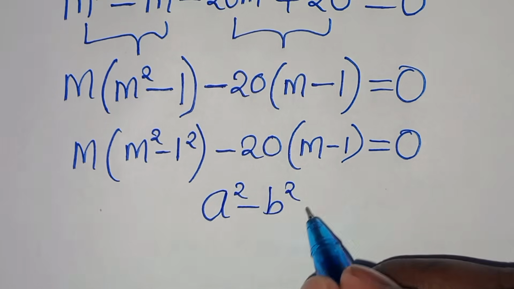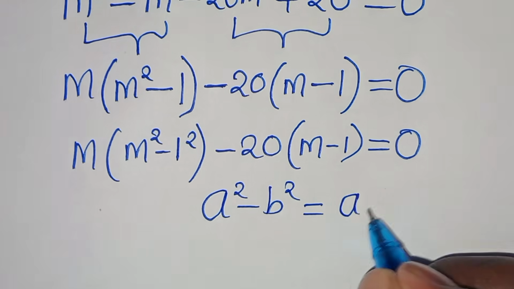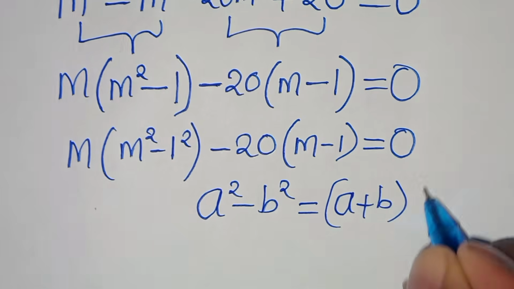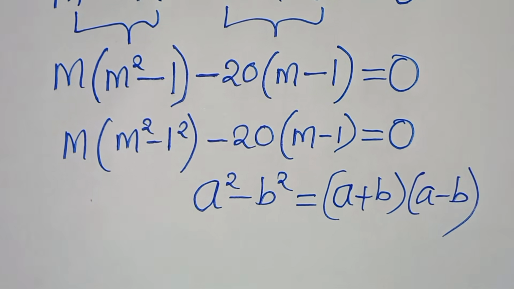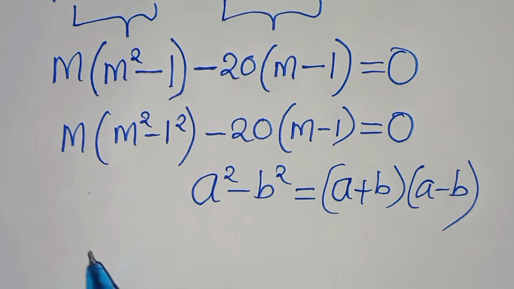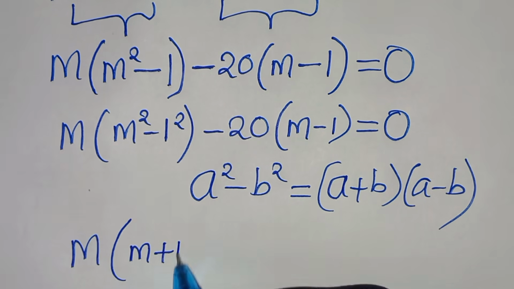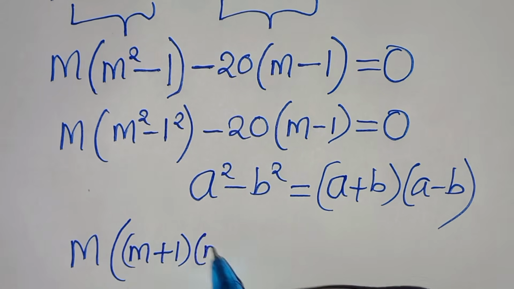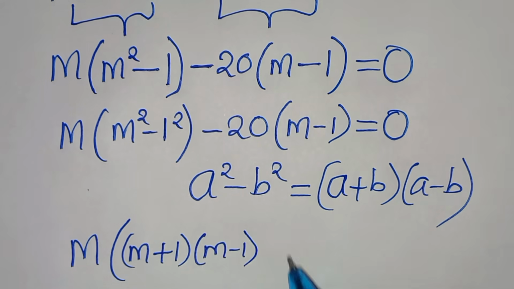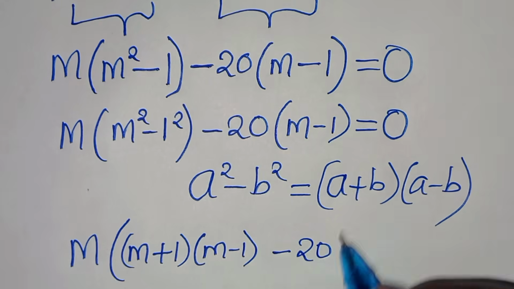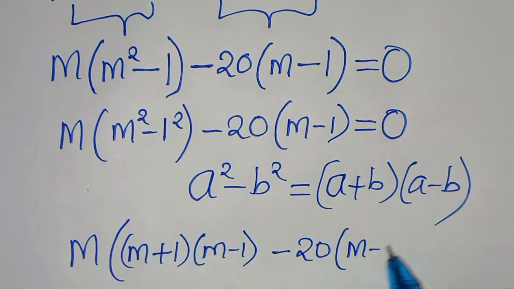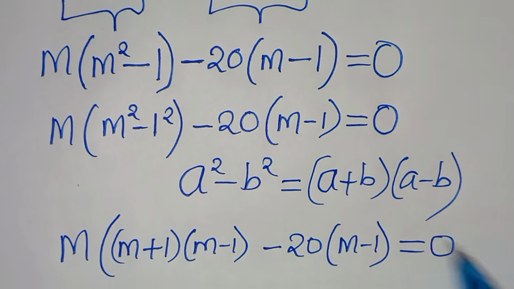Remember, this is the difference of two perfect squares that we can express as a plus b multiplied by a subtract b. Applying this identity, then we have m in the parentheses, this is m plus 1 multiplied by m subtract 1. Then minus 20 in the parentheses, this is m minus 1. And this is equal to 0.